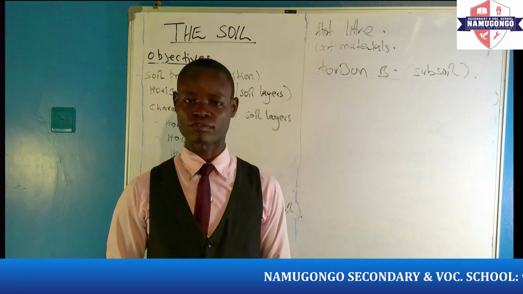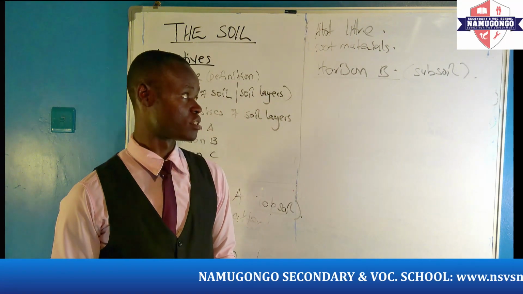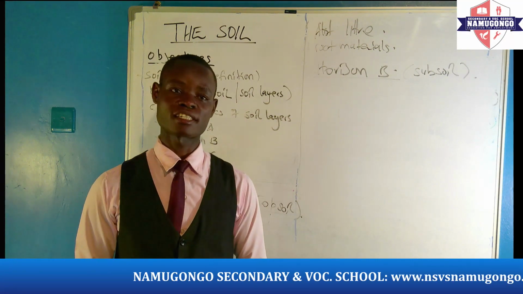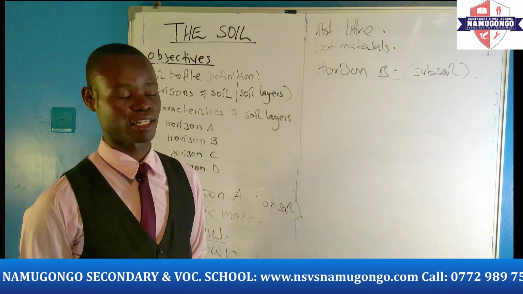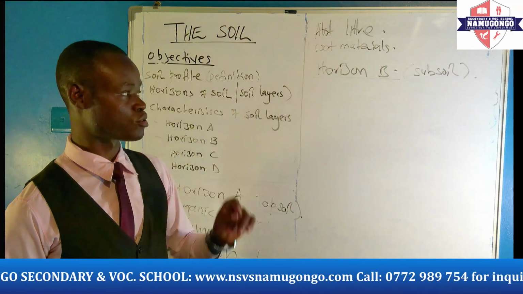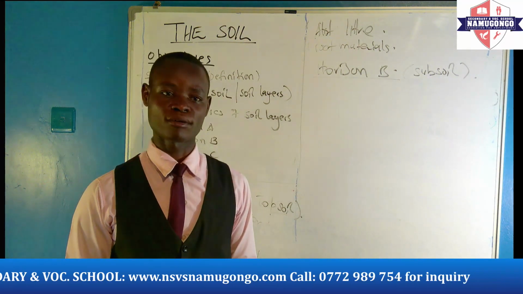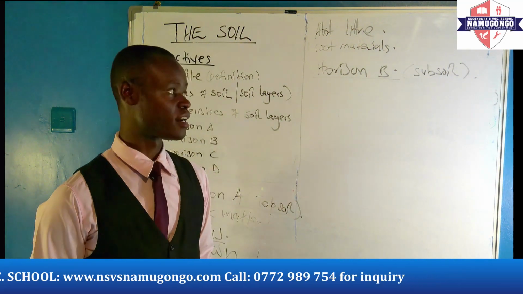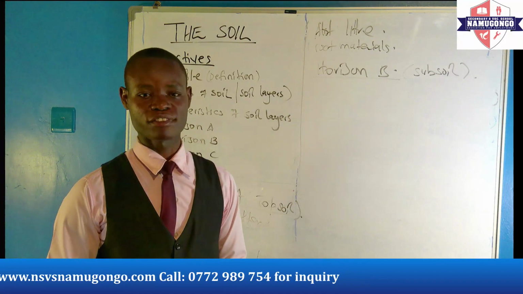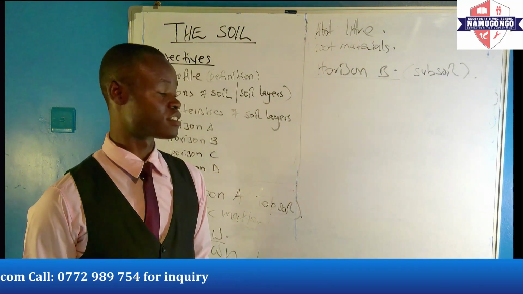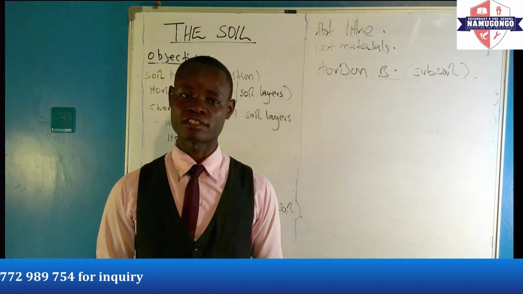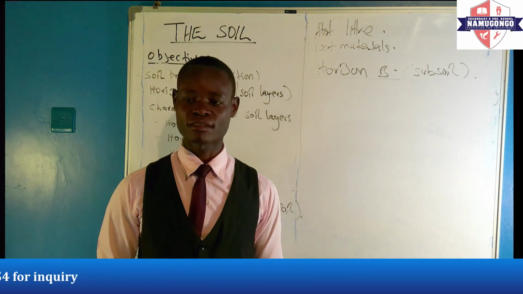So there is a lot of air in this subsoil, and someone can tell that this subsoil also contains a number of living organisms, meaning that living organisms are in a position to survive in such soils.